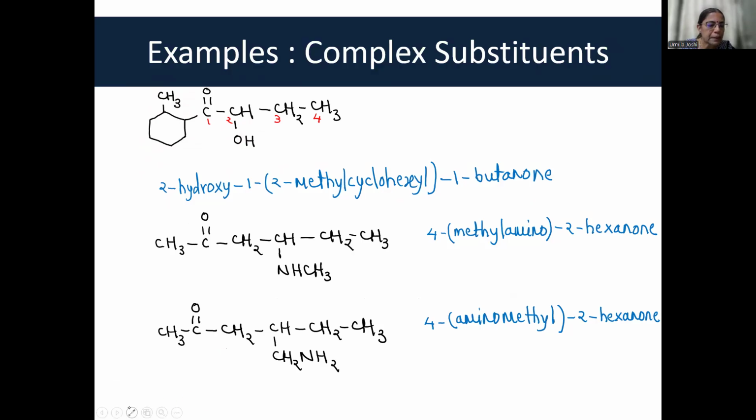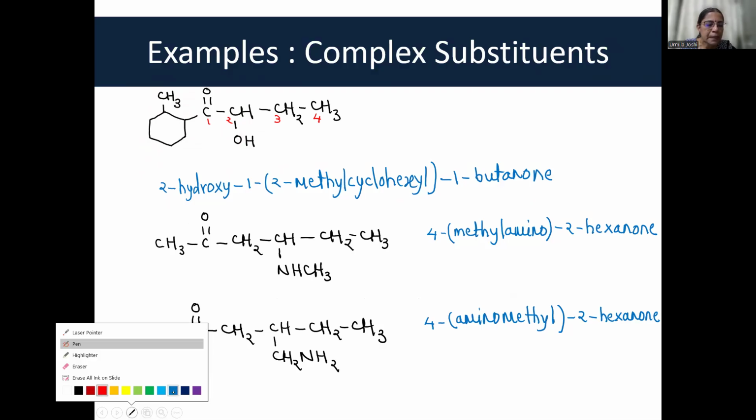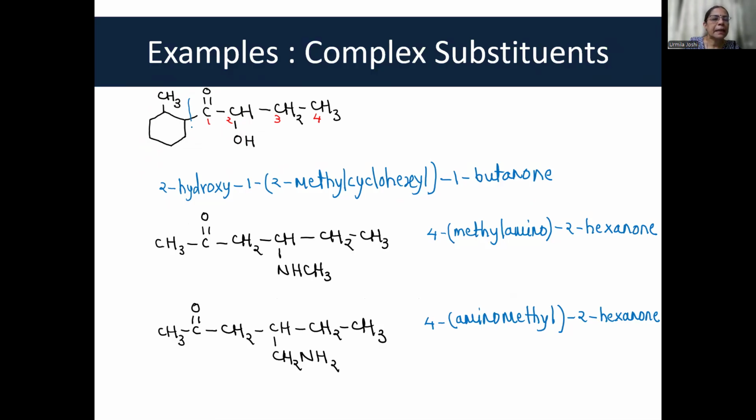Now, just try to understand how this substituent has come. 2-methyl cyclohexyl. This is the entire substituent. Okay. This substituent is attached to keto or the carbonyl group. Okay, the carbonyl group is in the parent chain. So, the carbon of the substituent that is nearest to the parent chain gets number 1. So, obviously, this gets number 2, 3, 4, 5, and 6.